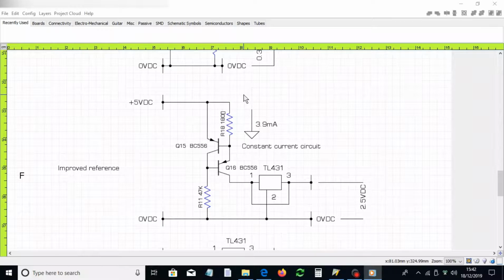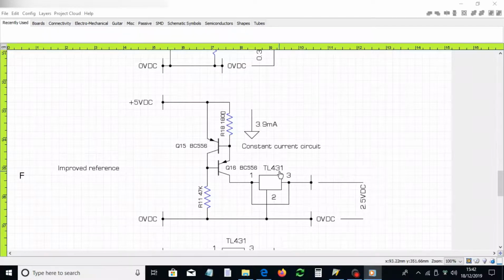So if I pull out my calculator, 0.7 of a volt divided by 180 ohms establishes 3.888 recurring, so that's 3.9 milliamps of current flowing into the TL431.